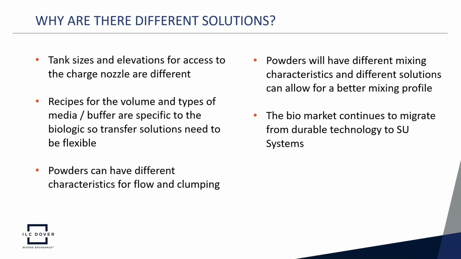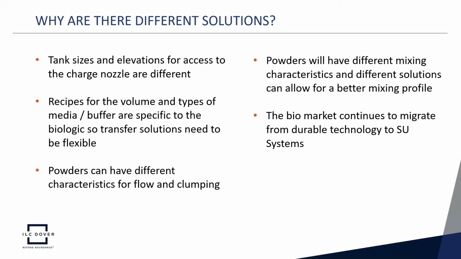The recipes and the volumes of powder being handled are different. Each biologic has a different need for the amount of powder to be added. Powders, again, have different characteristics for flow, how they can flow from a transfer system. And then we have the clumping issue as well, and we'll take a look at a solution to help reduce that.